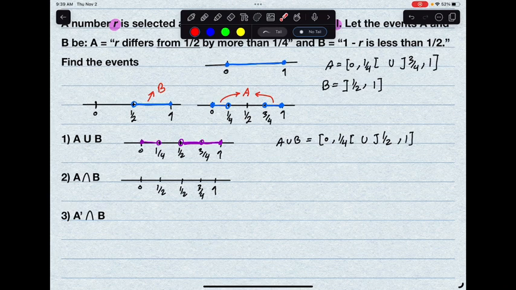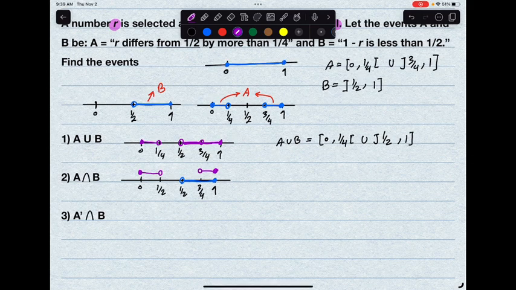I drew both on just one graph to show how it works. B is here, that's B. And what about A? A is from 0 to 1 over 2 and 3 over 4 to 1.